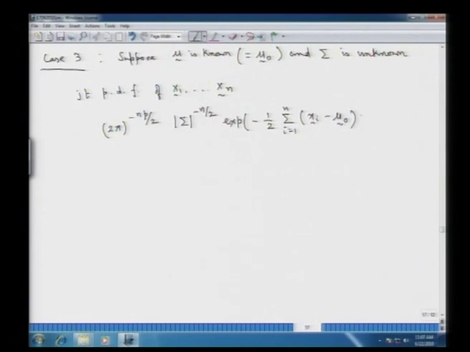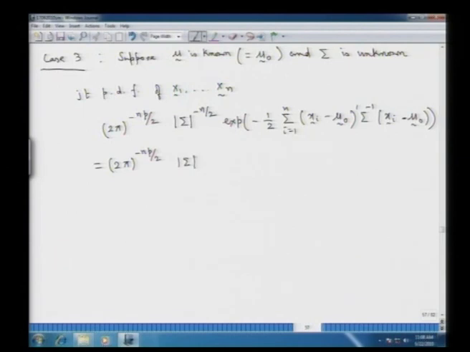So, we plug in this particular value out here, sigma inverse transpose (xi minus mu naught vector). Now, remember, we are trying to derive the sufficient statistic under the condition that mu is equal to mu naught is known to us and sigma is unknown. So, we will once again have to use the Neyman-Fisher factorization theorem.